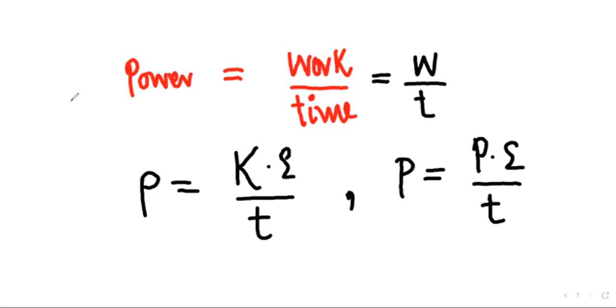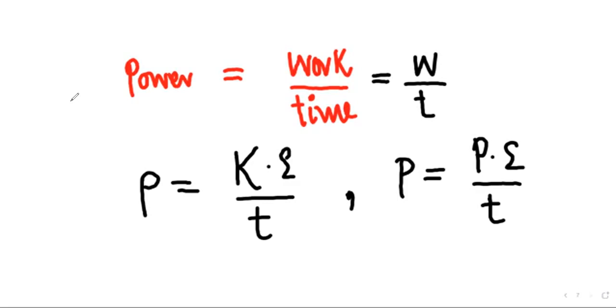Normally we calculate the work done in more than 1 second, then we convert it into the amount of work done in 1 second. So that would become our power.